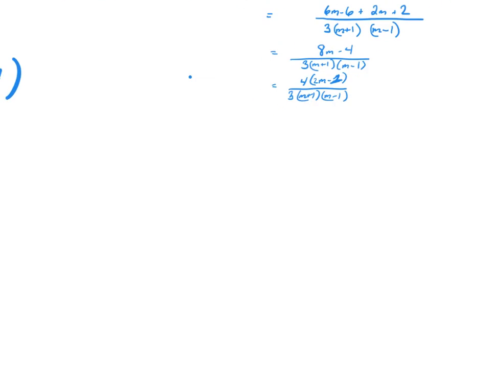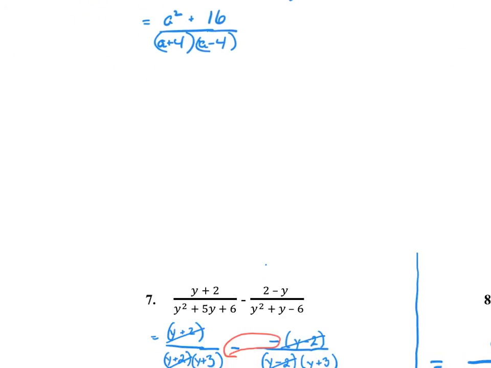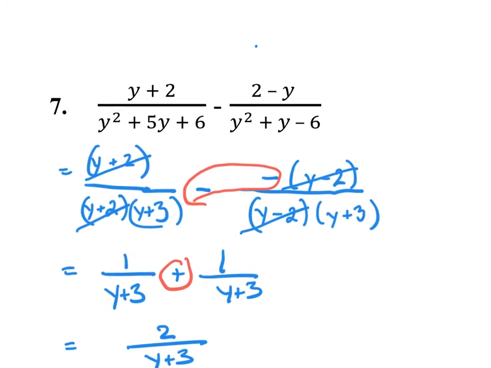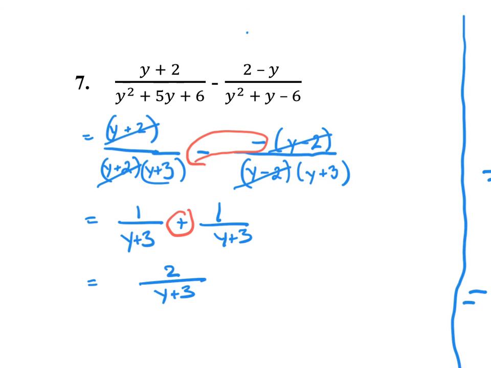And last but not least, and this one was kind of a tricky one actually, number 7. There's a good lesson to be shown here. So same thing, I need to factor it first, just like in number 8 there. But make sure that you simplify before you go to do the common denominators. And this one you didn't even have to.